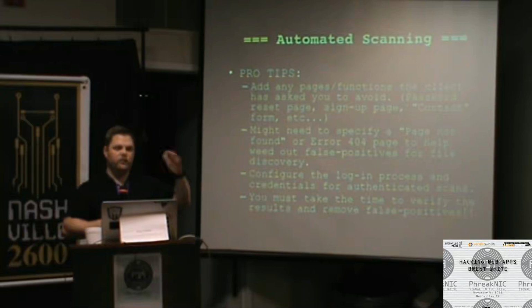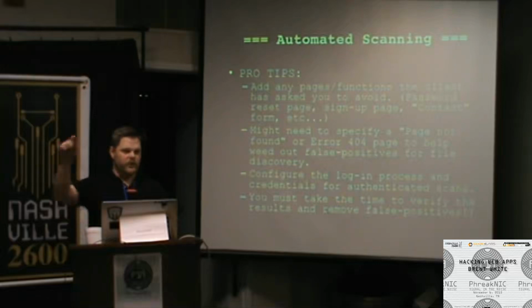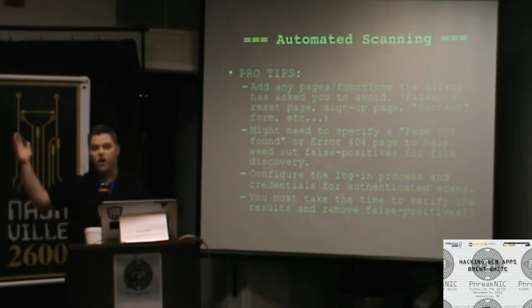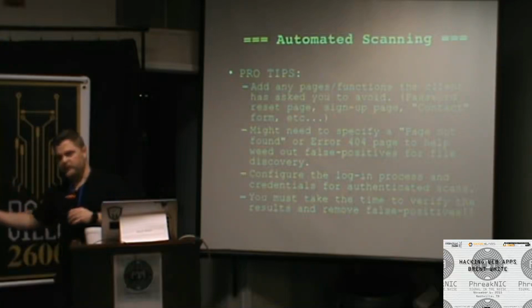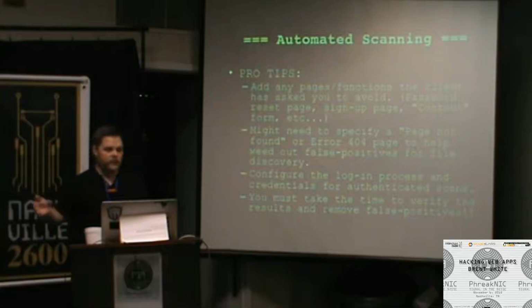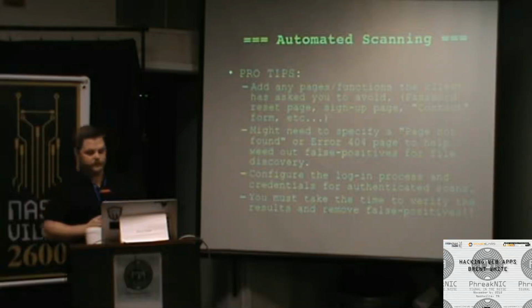That way you can look for things such as privilege escalation. So are you able to get to pages that the admin could see as the regular user? Or as an unauthenticated user, are you able to get to pages and functions that an authenticated user can see? Does that make sense? So always make sure to ask for all levels of authentication accounts.